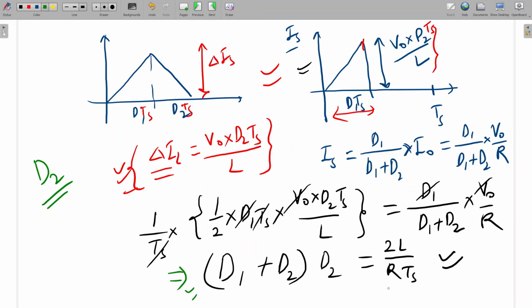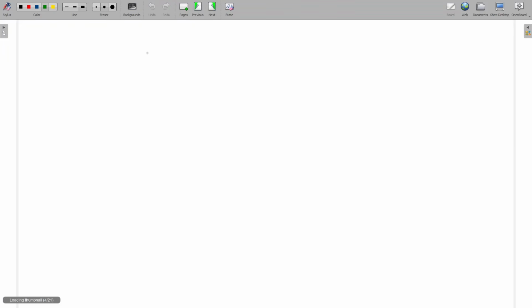What was the value of k? 2L by RTs. Can anyone tell? So it will be d2 square plus d2 into d1 minus k should be equal to 0.